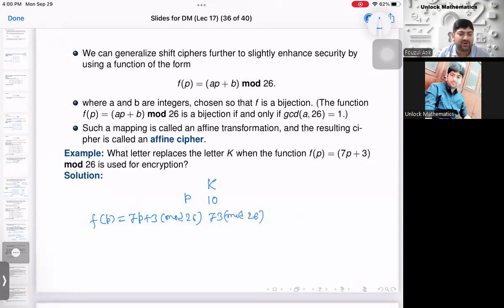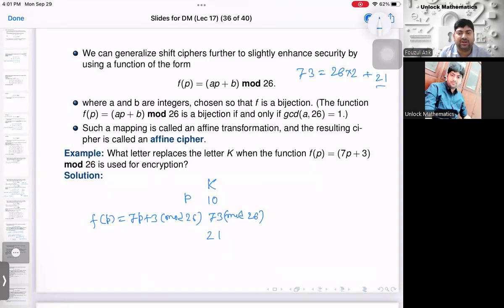73 mod 26 means, if you divide 73 by 26, whatever is the remainder, you write that. You can write 73 as 26 into 2 plus 21, so the remainder is 21.